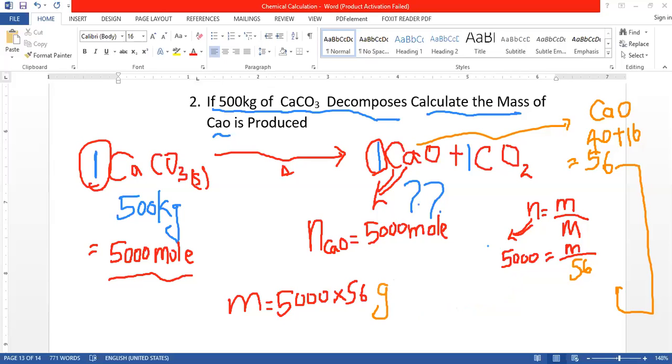So can someone multiply this one? 5,000 into 56, can someone multiply? 280,000. Wait, how much? 280,000 gram.